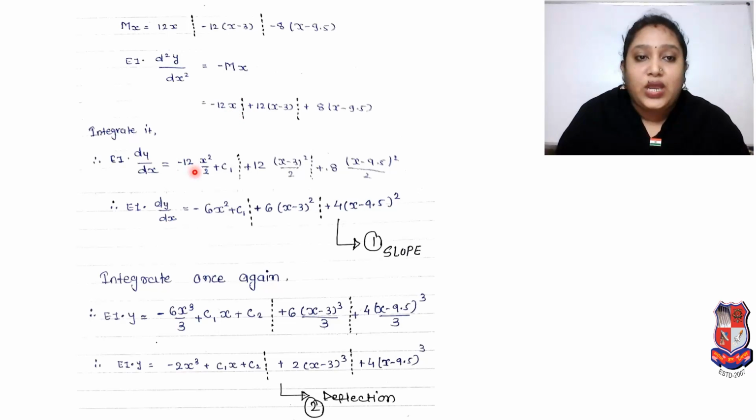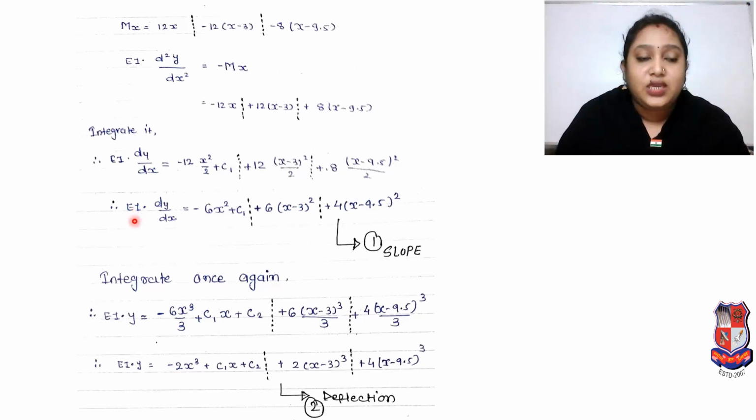So minus 12 x square by 2 plus c1, plus 12 in bracket x minus 3 whole square divided by 2, plus 8 in bracket x minus 9.5 whole square divided by 2. So here nothing else we do, but whatever n plus 1 we did, and the total power we put in the divisor. Now we will simplify that.